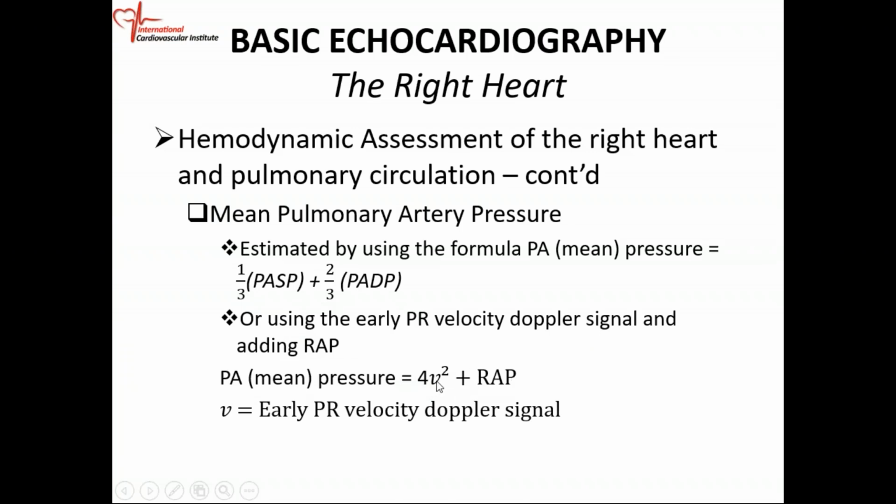This is the mean PA pressure now. Use the early velocity, square it, multiply by 4, then add the right atrial pressure.